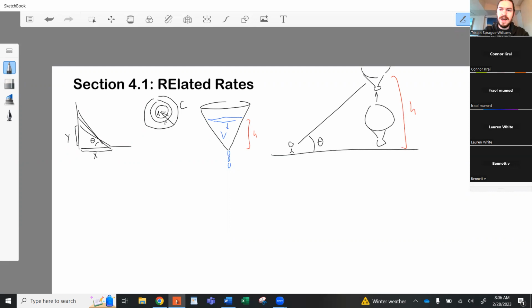And that's related to the height of the balloon. And then we'll discover the relationship between the rates of change in those two variables. So this is what related rates is.